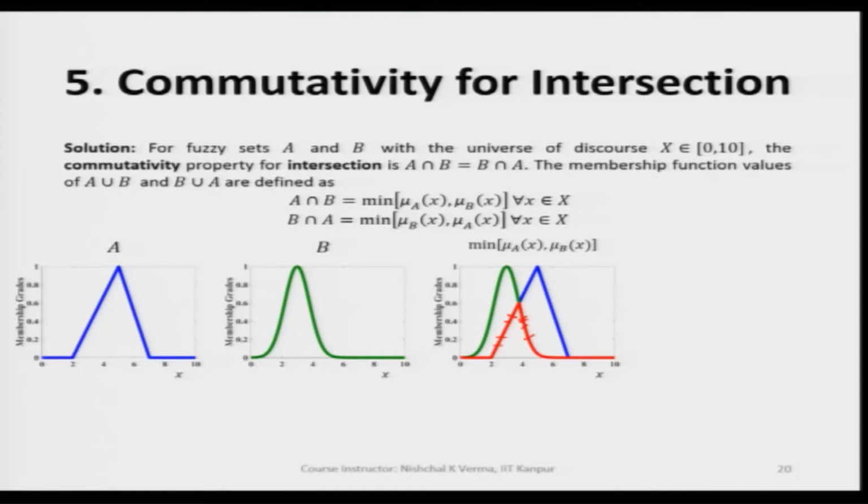And let me also make it very clear how we get that here. You see here that we have this as the B fuzzy set, this as the A fuzzy set, and when we take the min of the respective membership values for corresponding generic variable values, we get the portion which is represented by a red color plot.